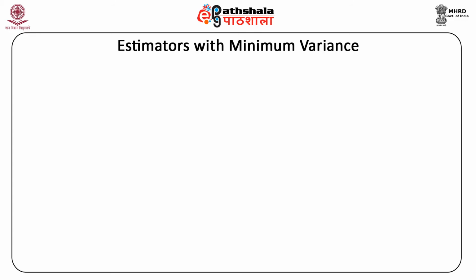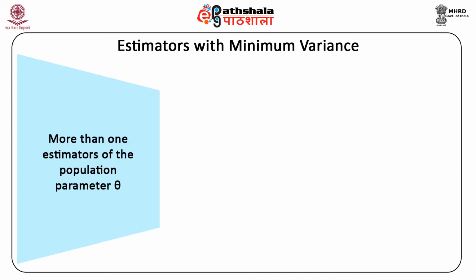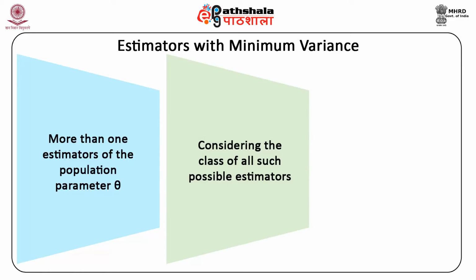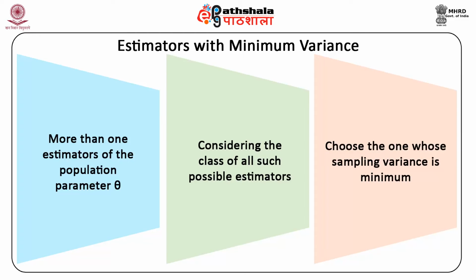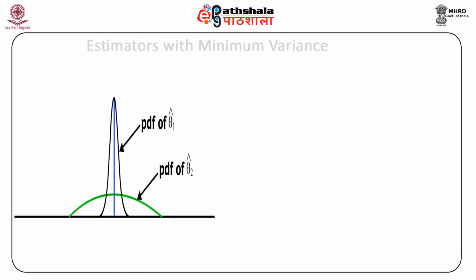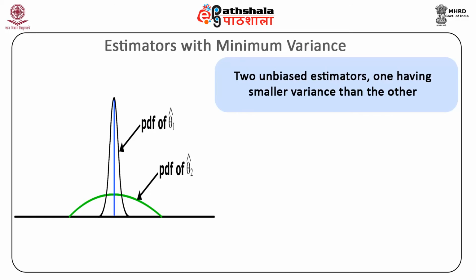In other words, if we have more than one estimator of the population parameter theta, then, considering the class of such possible estimators, we can choose the one whose sampling variance is minimum. The graph represents the probability distribution function of two unbiased estimators, one having smaller variance than the other. In the figure, we have two unbiased estimators for population parameter theta, which are theta 1 hat and theta 2 hat.